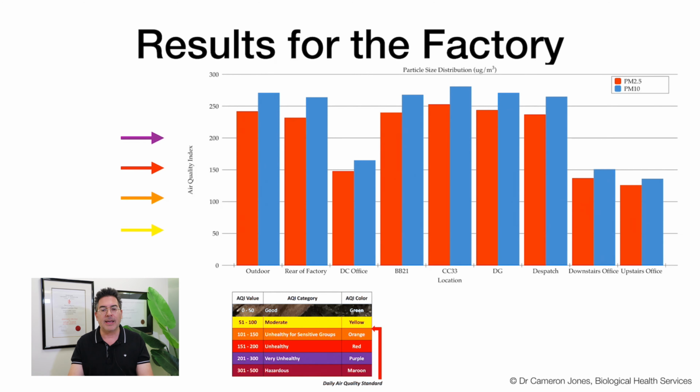We compared the levels of PM 2.5 and PM 10, that is the fine and the coarse size fractions, outside, and then we measured the levels inside and in some of the offices, because a lot of the people who are working in the offices said, look, it seems okay in here, but we seem to be getting some eye irritation. We're not really smelling anything, but it just feels different to the way it normally does without the smoke. And you can see immediately when we graph the results that the offices certainly were better, but all areas of the factory were just as bad as outdoors.